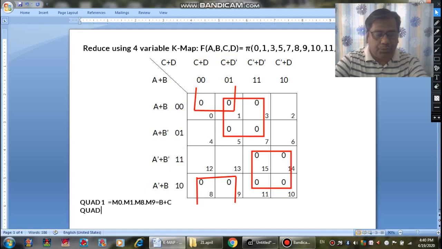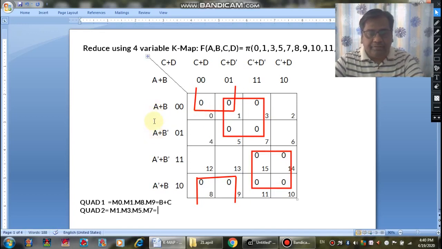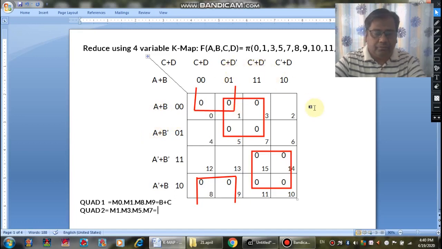Now we will write quad 2. Quad 2, let's say we are taking as M1 dot M3 dot M5 dot M7. The answer for this will be, from the left hand side we will take A, and from the top we will take D bar. That means the answer will be A plus D complement.